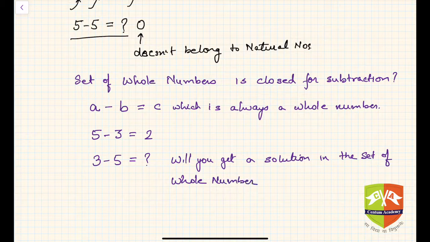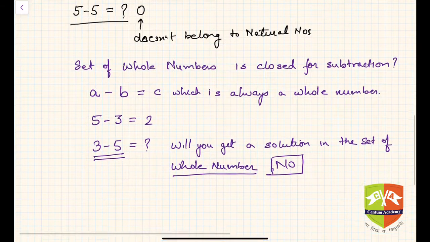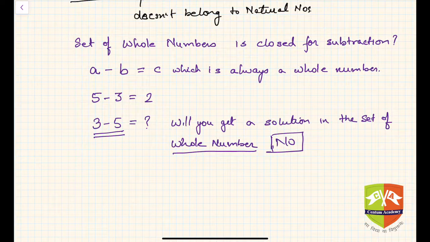A set is nothing but the collection of all whole numbers, right? So will you get a solution in the set of whole numbers? That means will you find a whole number which will fetch you 3 minus 5? Actually, no.